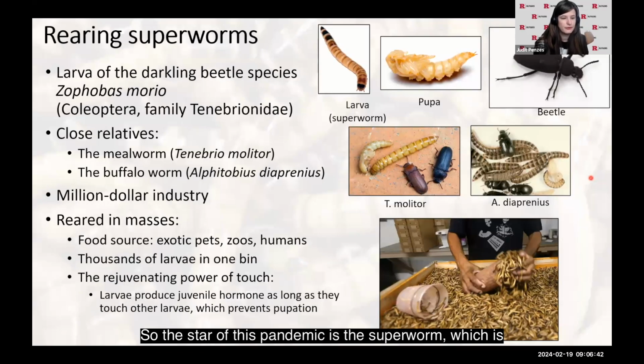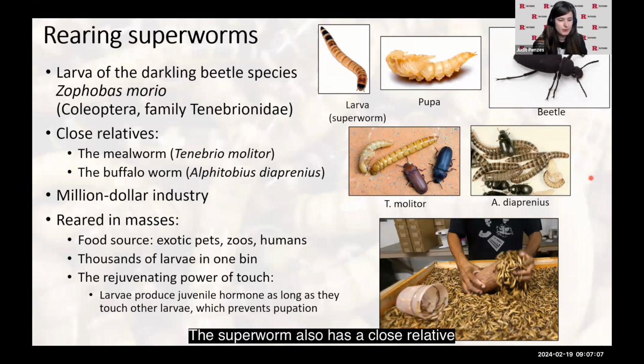So the star of this pandemic is the superworm, which is not a worm at all. It's actually the larval form of a darkling beetle species, and it's reared worldwide in large numbers, in masses, for nutritional purposes of exotic pets, and more so for humans.